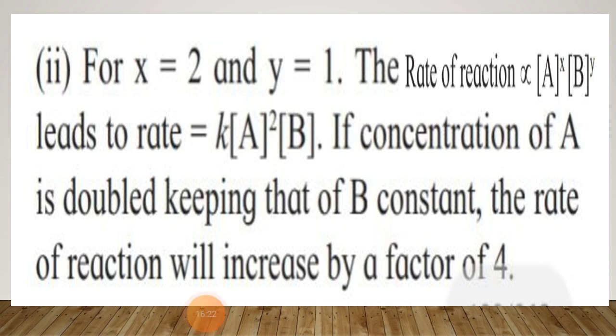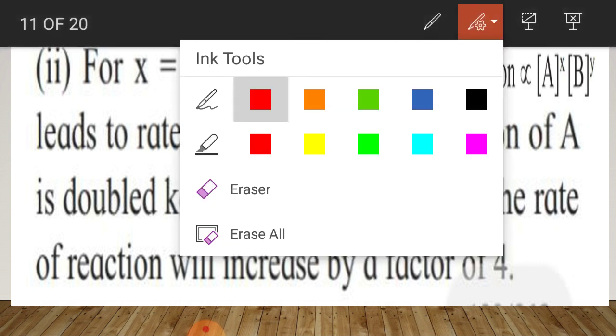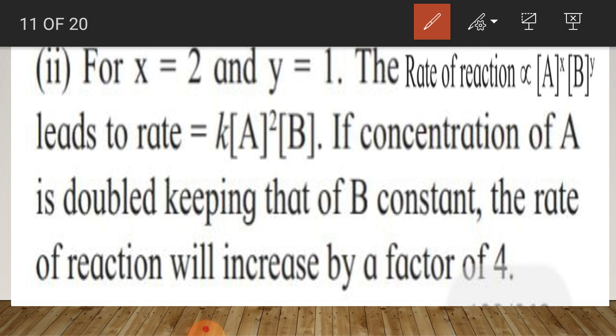Next reaction, for X is equal to 2 and Y is equal to 1. The rate of a reaction is directly proportional to the concentration of A raised to X, times the concentration of B raised to Y. So it will change to rate is equal to K, A raised to 2, B raised to 1.